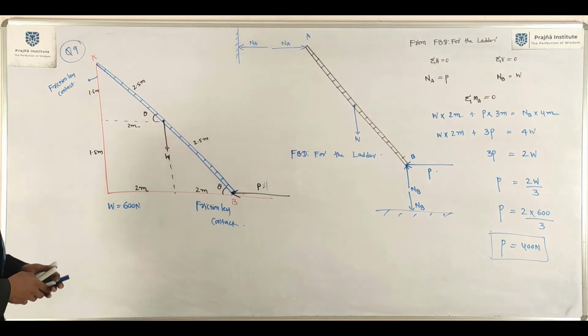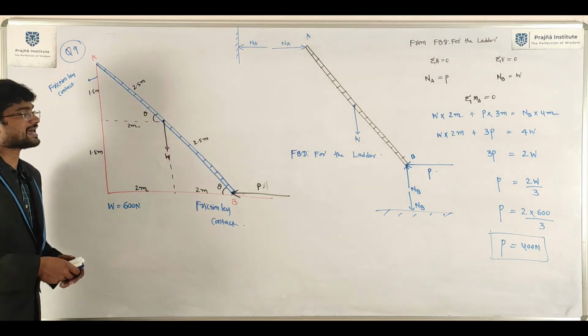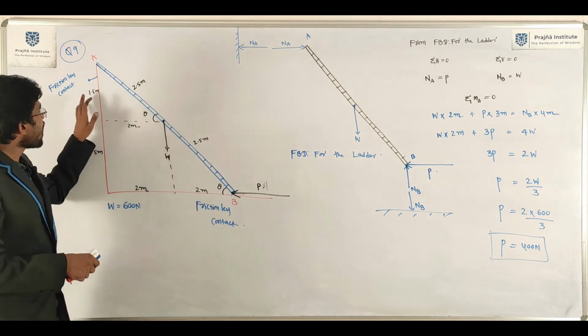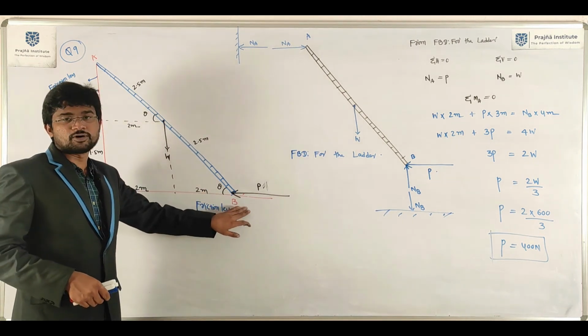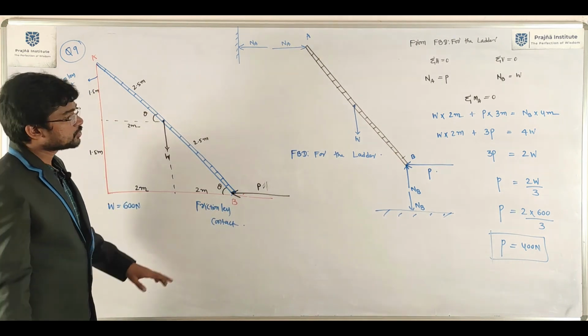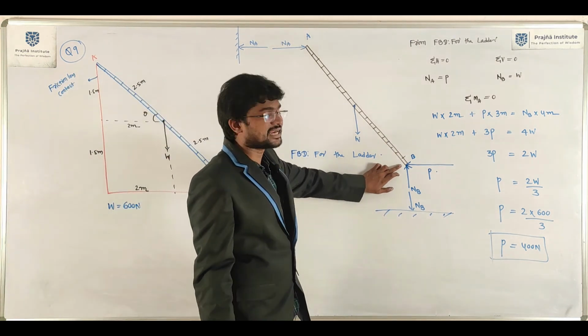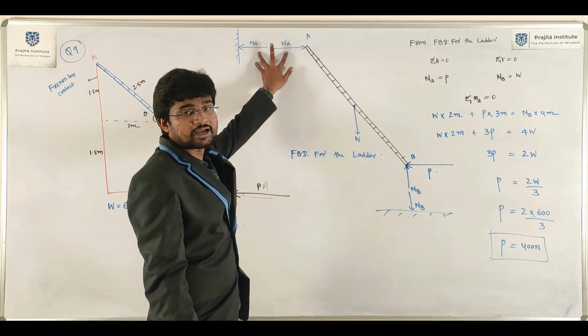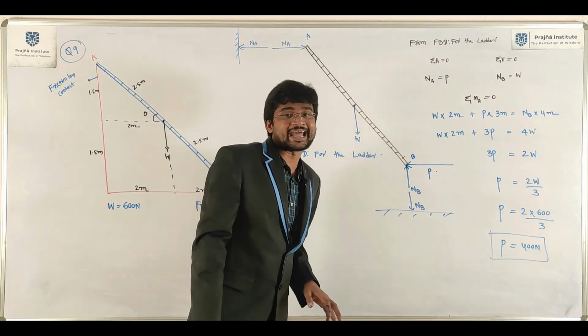So this is the way to draw the free body diagram for the ladder. Here they gave a wall and a horizontal floor. Both are frictionless. That is why don't take frictional resistance at these contact surfaces. Normal reactions will come at these two contact points.